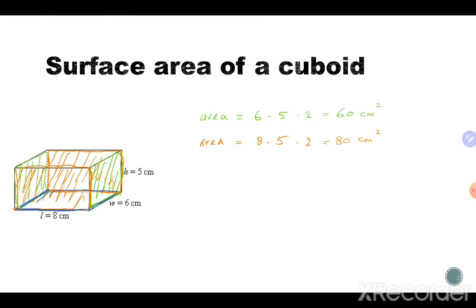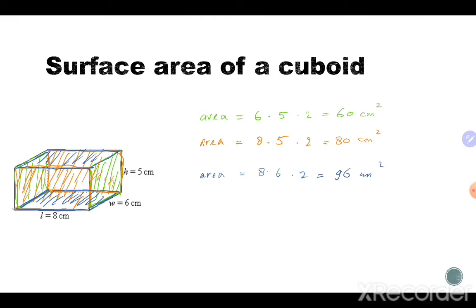We know we have 2 of them, so I'm going to multiply it by 2, because above we have exactly the same rectangle. So 8 times 6 times 2 is 96 square centimeters.